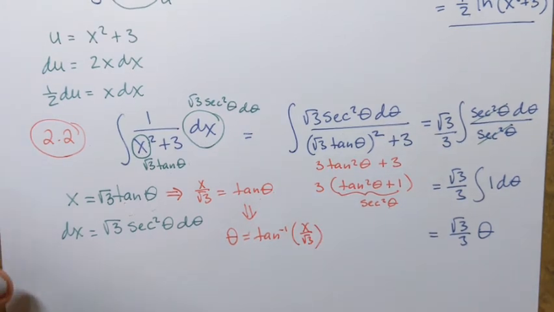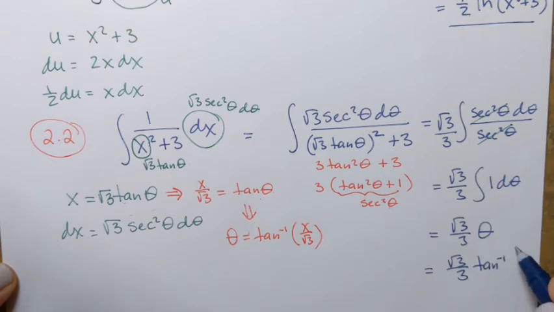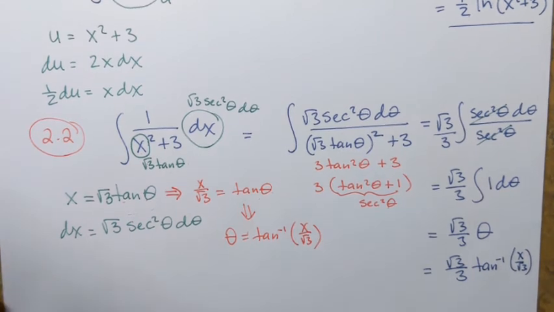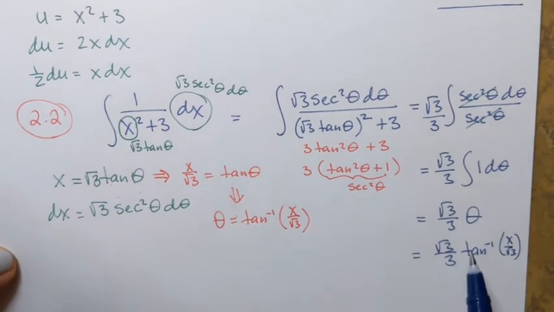Like that. So that's what theta is. So that's square root of 3 over 3 tangent inverse of x over square root of 3. And that's the last piece here.